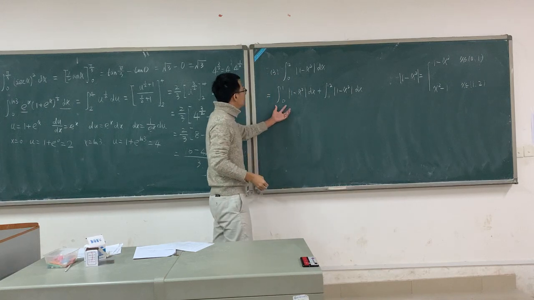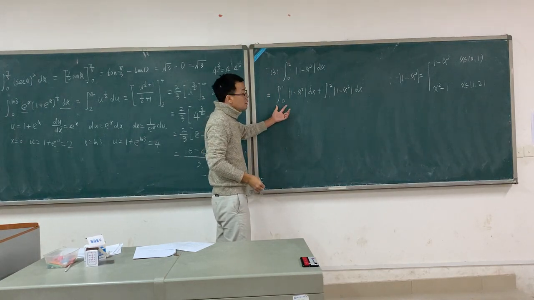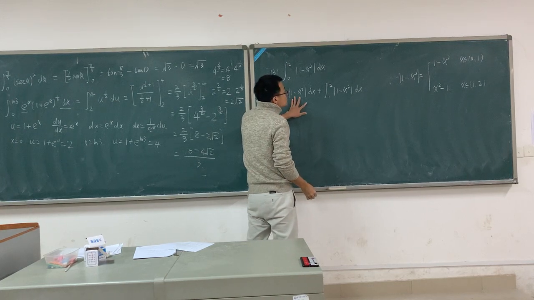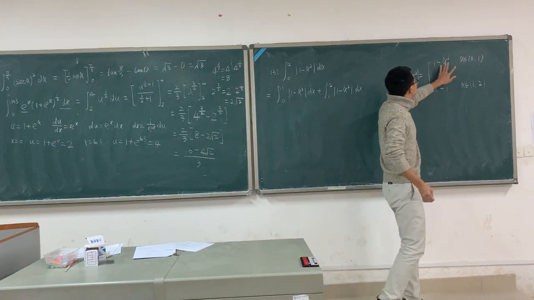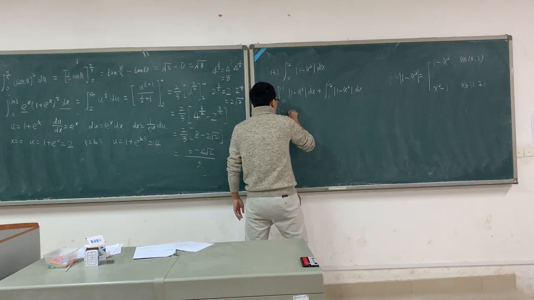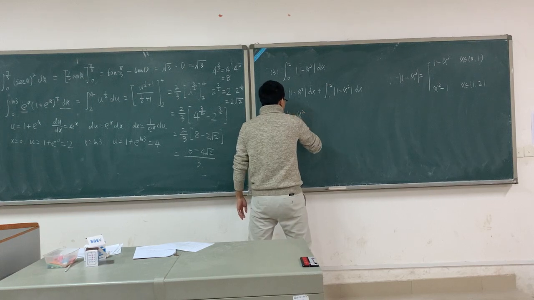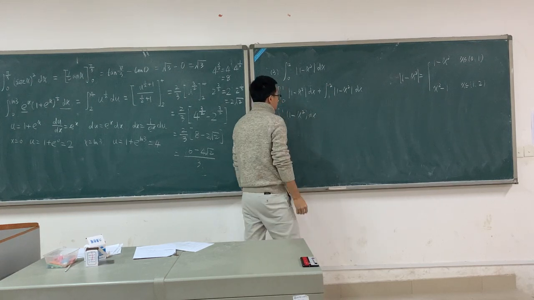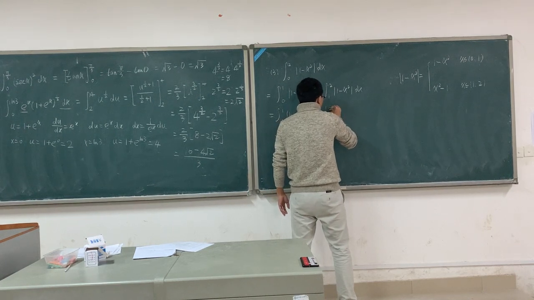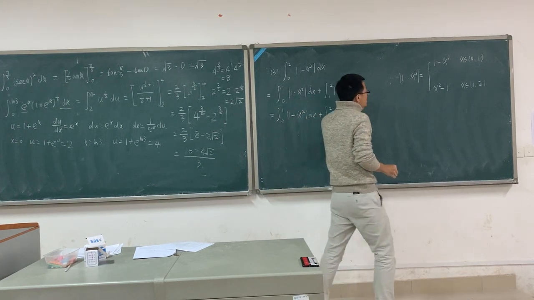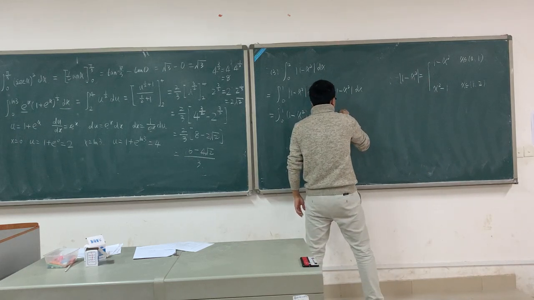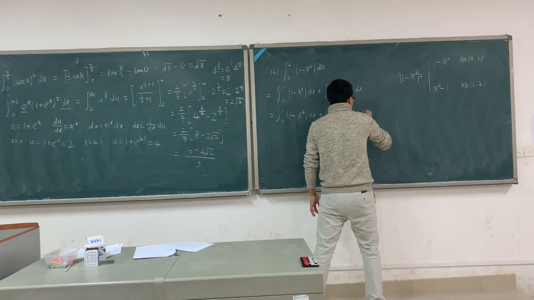First we use the property, and then in this interval the absolute value actually equals 1 minus x squared. So the first one is the integral from 0 to 1 of 1 minus x squared dx, plus the integral from 1 to 2 of x squared minus 1 dx.